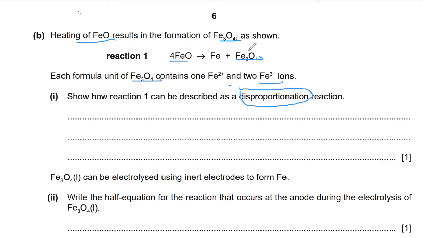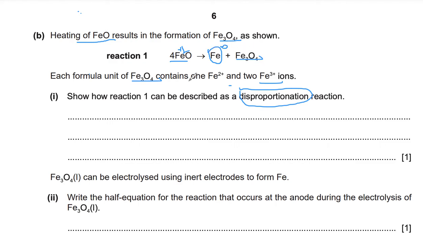So this one, FeO, is plus 2, right? And so the oxidation states: this iron alone is an atom. It is not combined with anything, so it is 0 over here.